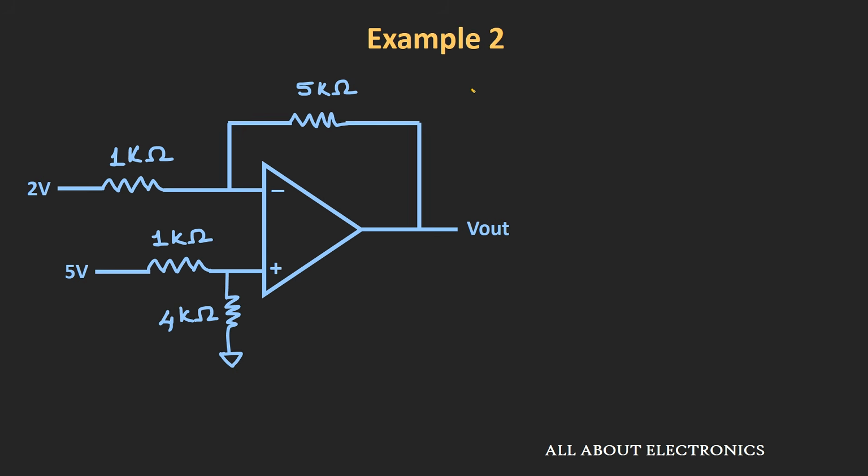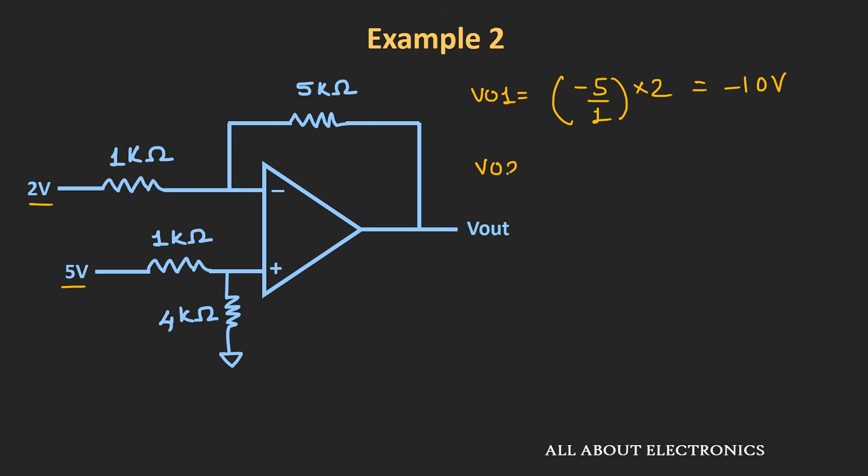So let us say output voltage VO1 is the output voltage when this 2 volt voltage source is acting alone. So our output voltage will be equal to minus 5 divided by 1 times this 2 volt voltage source. So that will come out again as minus 10 volt. And now let us assume this 5 volt voltage source is acting alone.